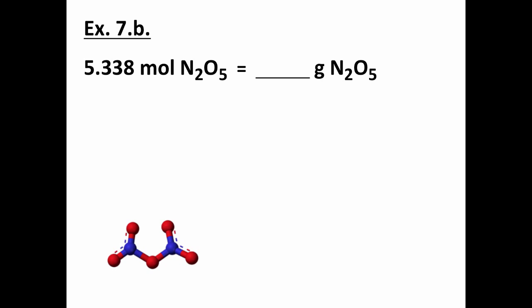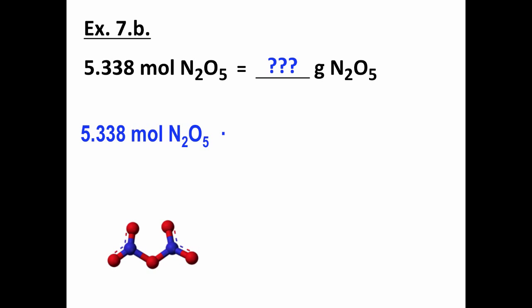Now, how about if we have moles of a compound and we want to know how many grams there is of that? Well, we do the same thing as we did for mole to gram conversions for elements, except we have a compound. So we start with what we have, the thing we know, 5.338 moles of N₂O5.